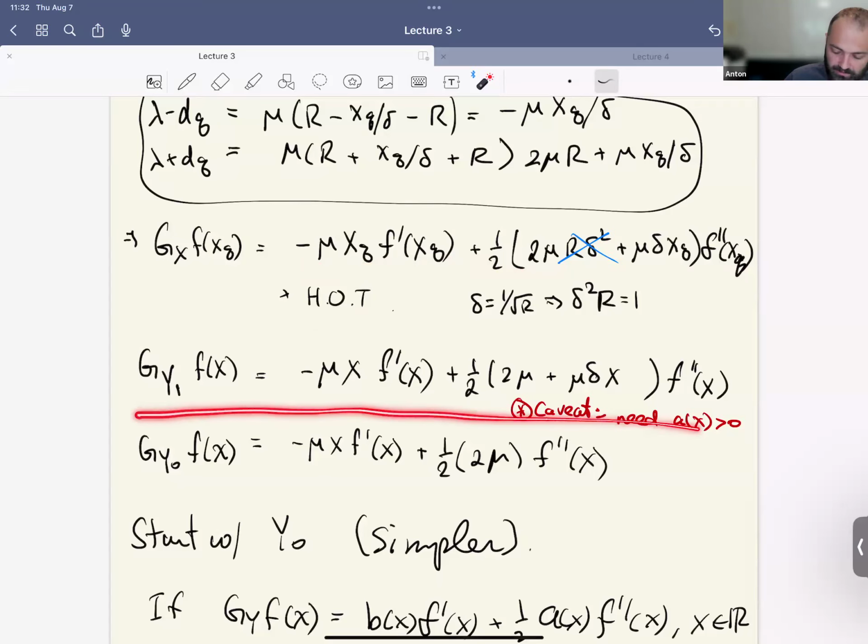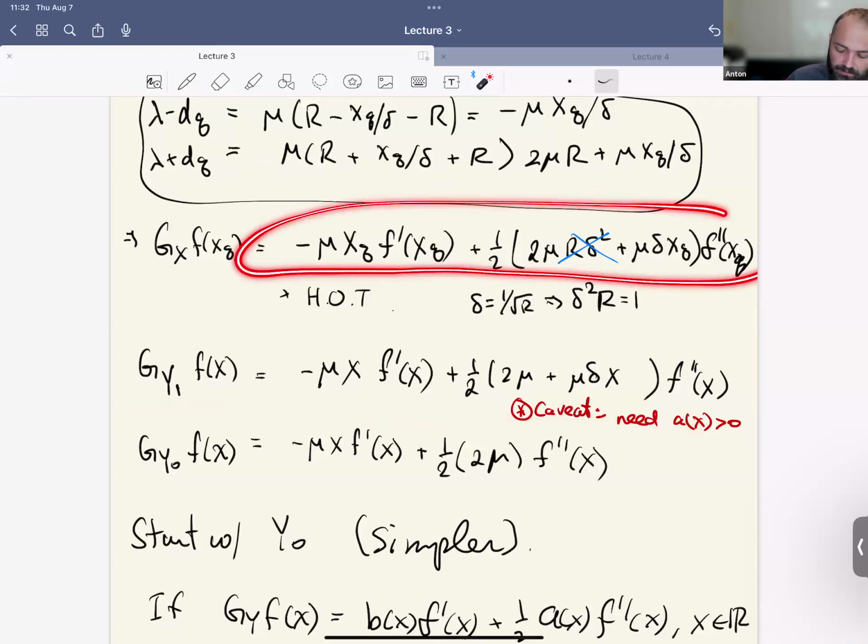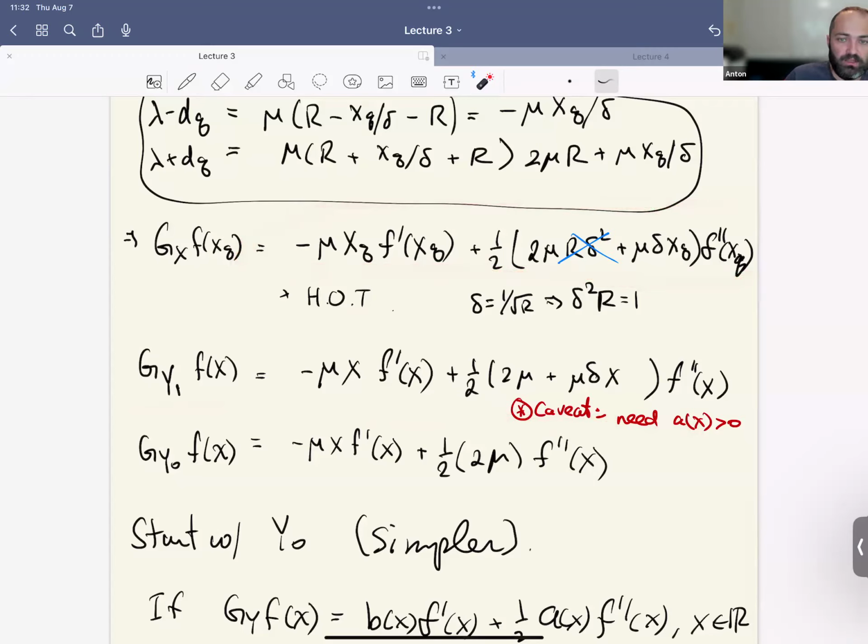The y1 approximation captures the entire first and second order term. So if you think about the difference, the y0 versus y1 approximation, the only error term that appears in one but not the other is this part of the second order term that we've mentioned.